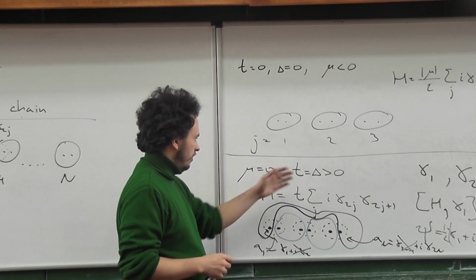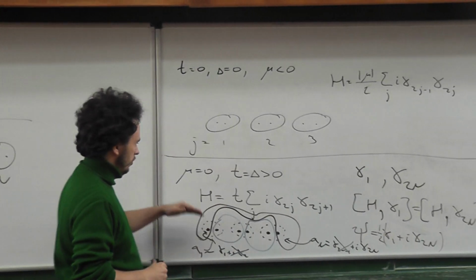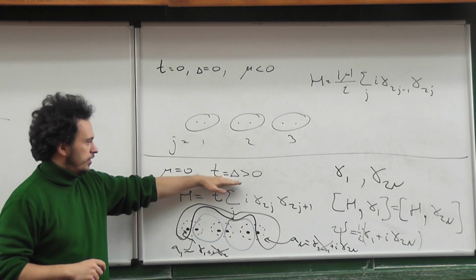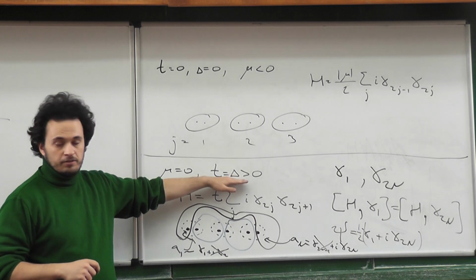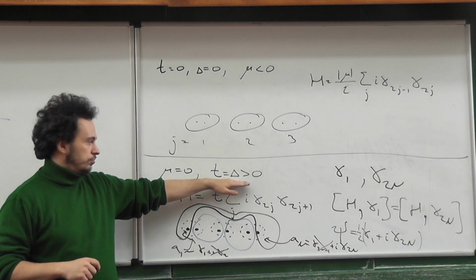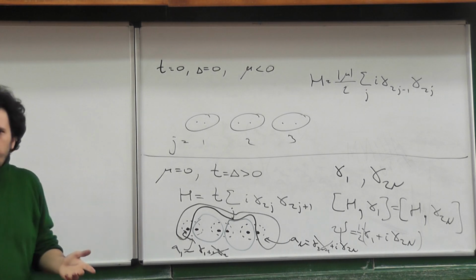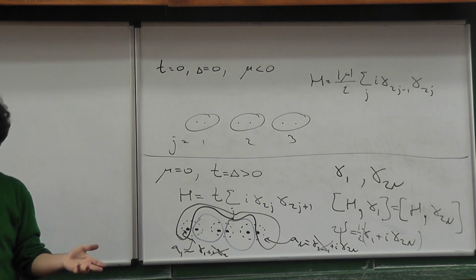But you know, I have to fine-tune my parameters to get this solution. I need to put the chemical potential to zero, I need to put the tunneling rate, the hopping amplitude, and the superconducting pairing amplitude to be equal. I won't be able to do that realistically exactly.